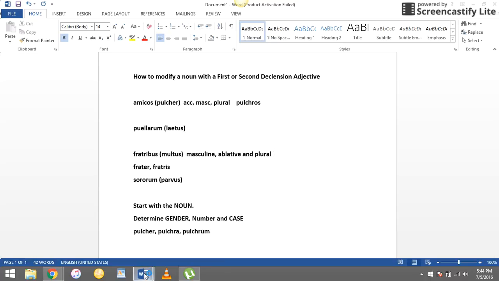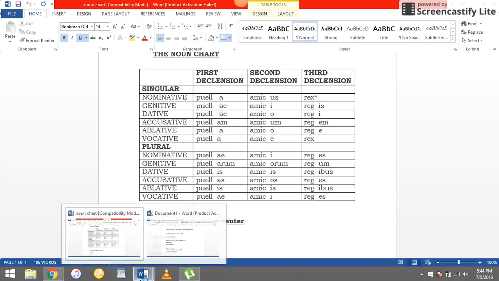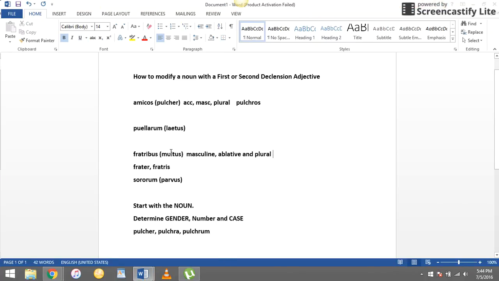How do we do that? Noun chart. Remember, second declension is the masculine one. So ablative, plural, is IS. So we go back here and we change multus to multis. Now fratribus multis agrees. Up here, the OS matches the OS because amicos is a second declension noun and pulchros is a first and second declension adjective.